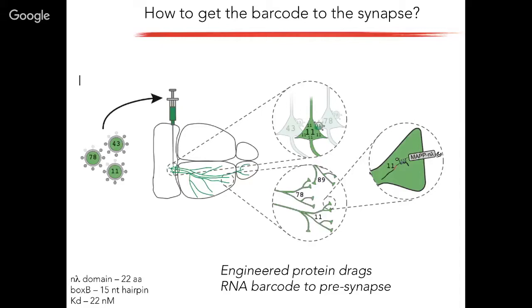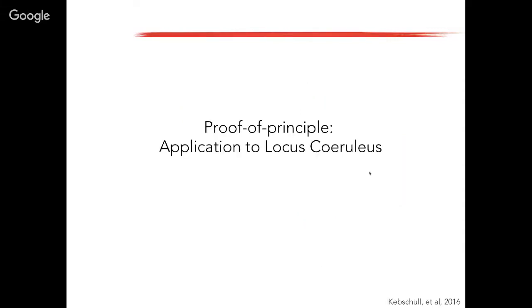It grabs onto the box B component of the RNA barcode that we put in and drags it out to the synapse. Our first proof of principle of this was to the locus coeruleus. This was published, I guess, a year and a half ago now.